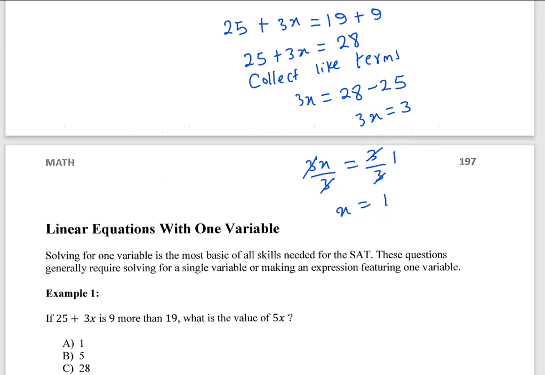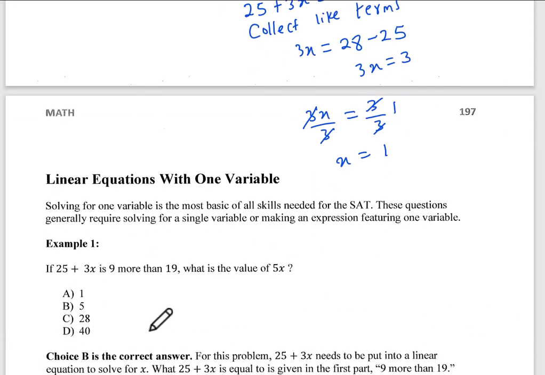I think there's something tricky here. You need to observe. If you make the mistake of choosing this, you will fail. They asked you to solve for 5x, not necessarily x. A whole lot of students will go out there and choose 1 and they will fail and be surprised. So you need to be careful, read the question through.